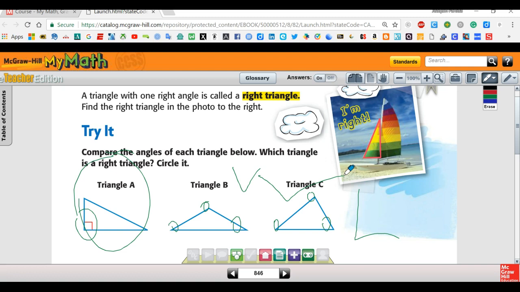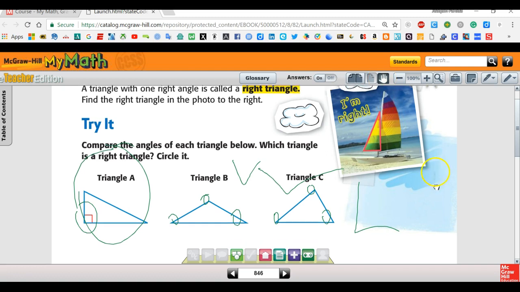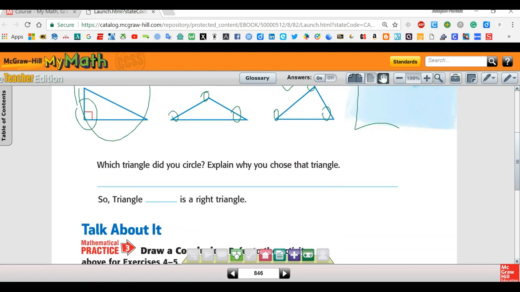The corner of your desk, is that a right angle? Yes, it is. Okay. Yeah, they're all right triangles.